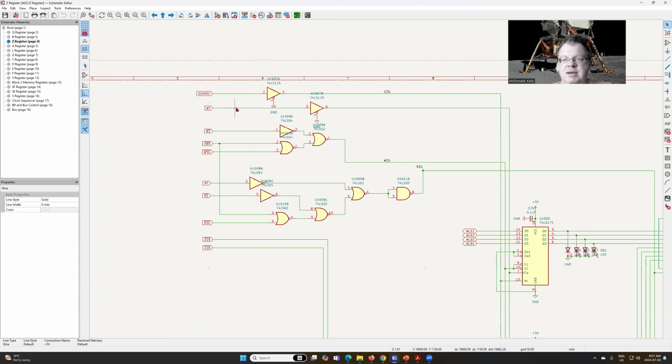Okay, so we've got, again, the two scenarios of when we need to write data into the register. We've got the write timer, and we're going to use that as our clock to clock data into the register. And then we've got this combination of when we have a WZ signal asserted, or we have this direct addressable memory address 5 and the WSC signal asserted.